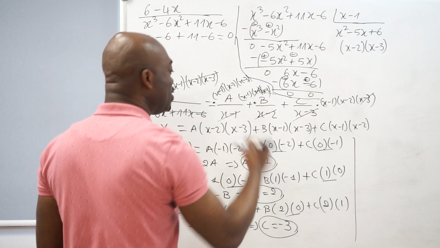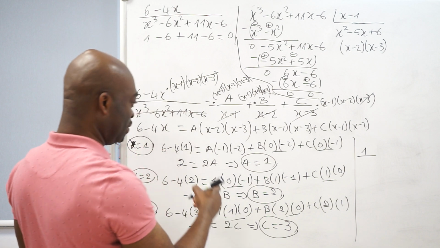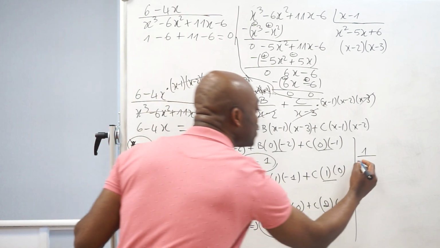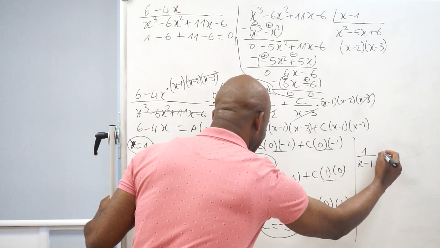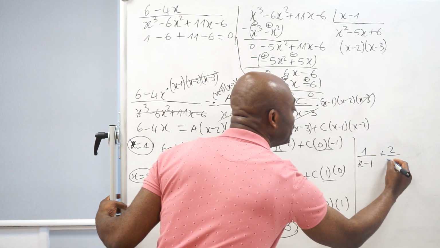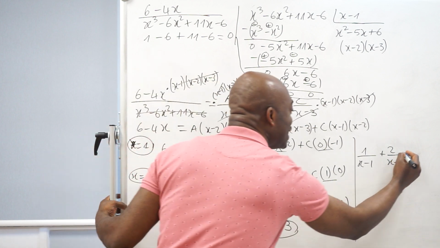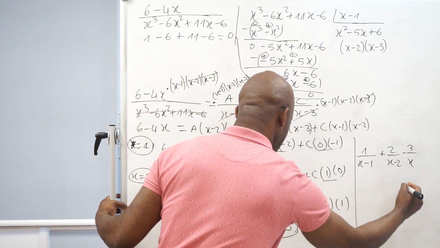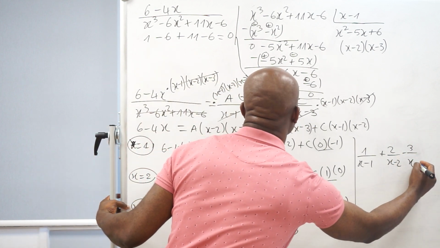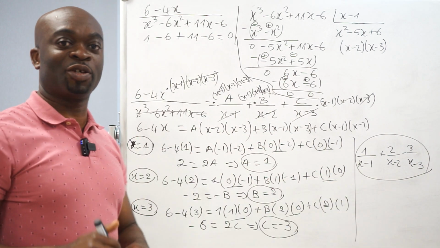Okay? So you have a, which is 1 over x minus 1, and then plus 2 over x minus 2, and then negative 3 over x minus 3. Okay? So that's what you're looking for.